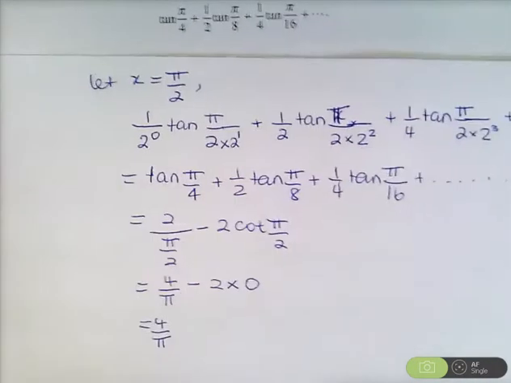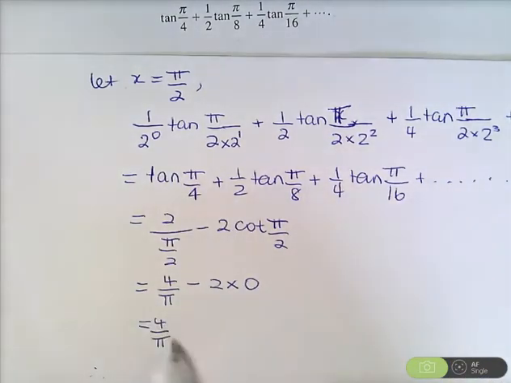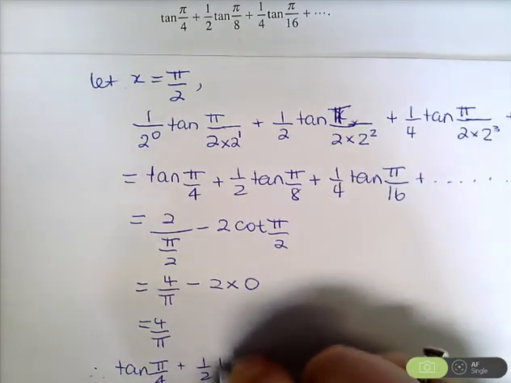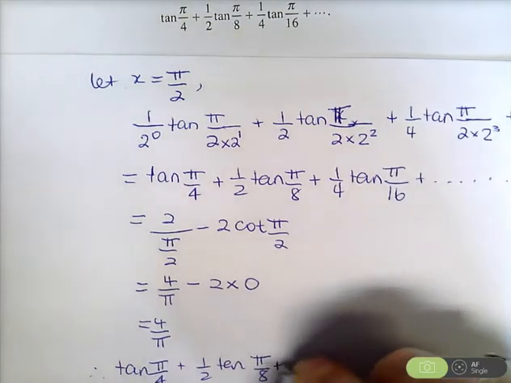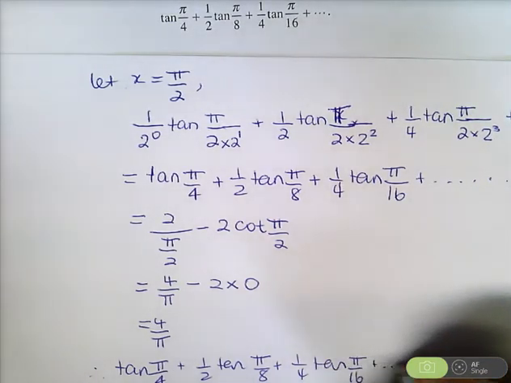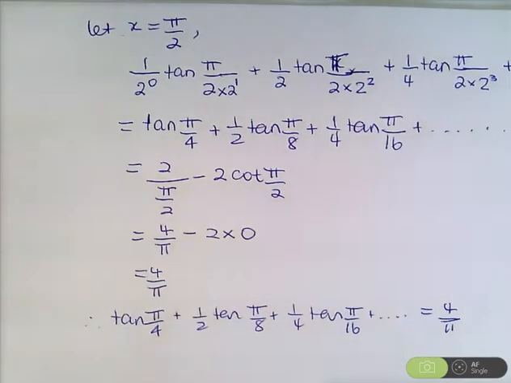And so therefore this expression is equal to 4 on pi. So therefore, tan of pi on 4 plus a half tan pi on 8 plus 1/4 tan pi on 16 plus and so on is equal to 4 over pi. Okay, and that's the end of that question.